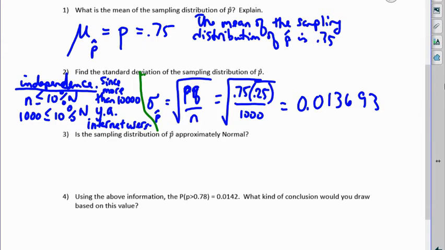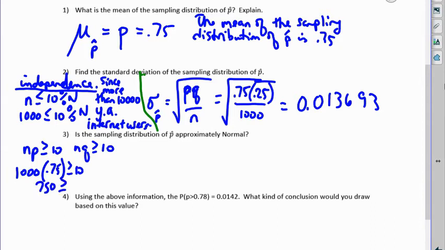Well, let's check n times p being greater than or equal to 10 and n times q being greater than or equal to 10. And so we have 1,000 times, now what letter is there? P, 0.75. So 750, well that one meets, but does it meet on Q, the one with technically the lower probability of 0.25?